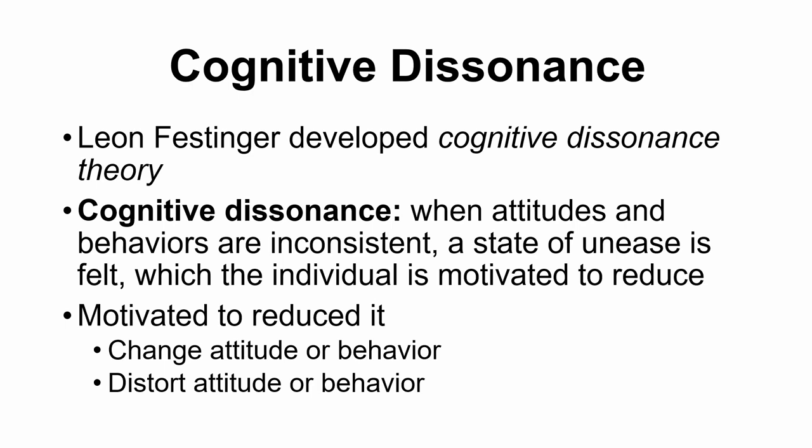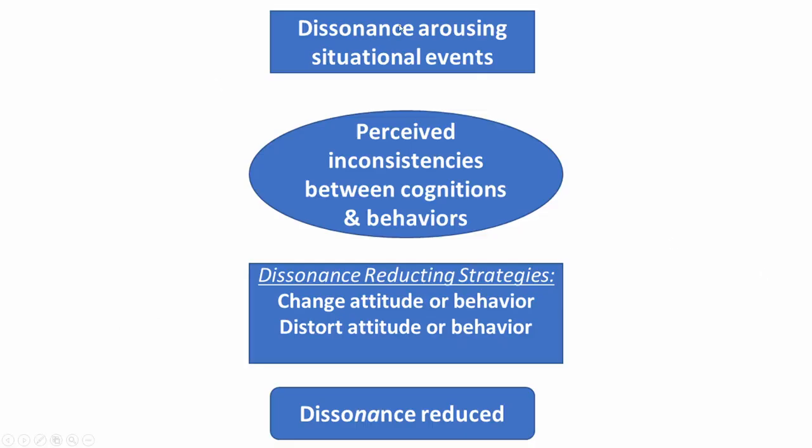And of course, if we were looking at bigger issues like liking a person or a group or a place or any of these things, it gets a lot more complicated. But that's just sort of a simple, silly example from me. And then this here is just a flow chart showing exactly what we were just talking about. So when we have dissonance arousing situational events, where we realize that our attitude and our behavior don't match, we're going to have sort of that event occur that makes us come to that realization.